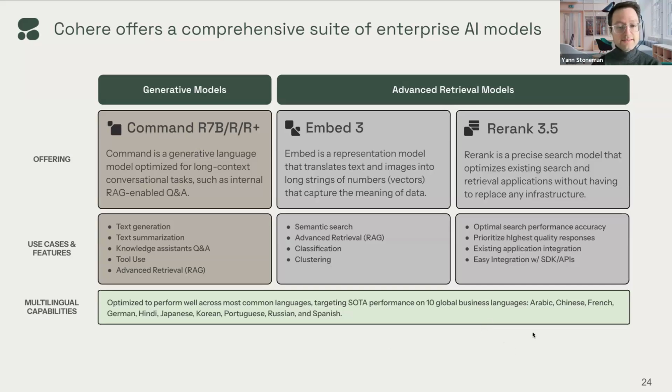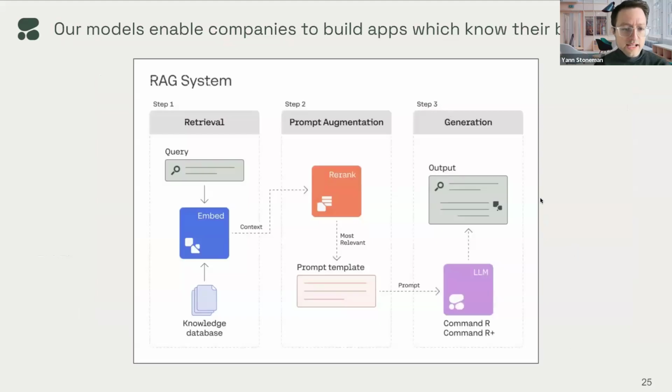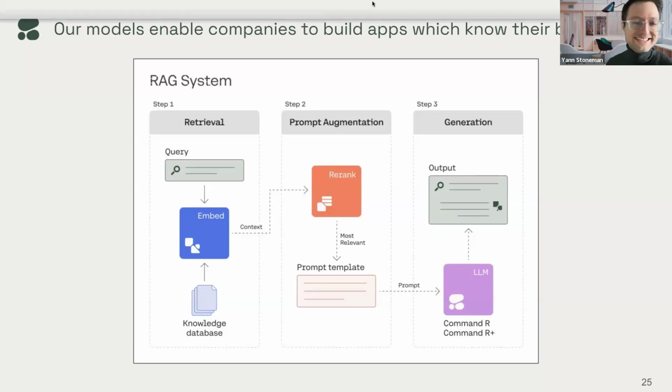So in the full stack of LLM you need to do AI applications. For the embed, we also recently released multimodal support. And we're talking mainly about search, but once you add on the generative at the end, you call it a RAG.